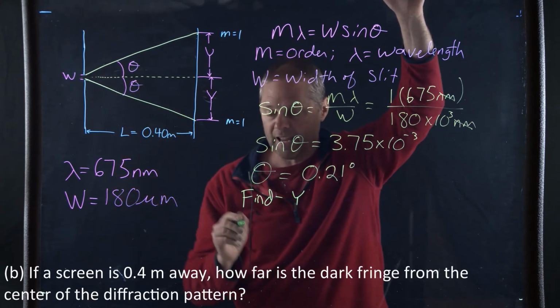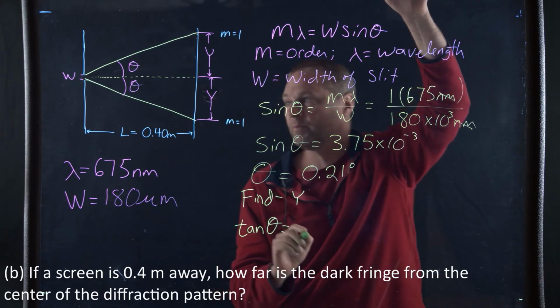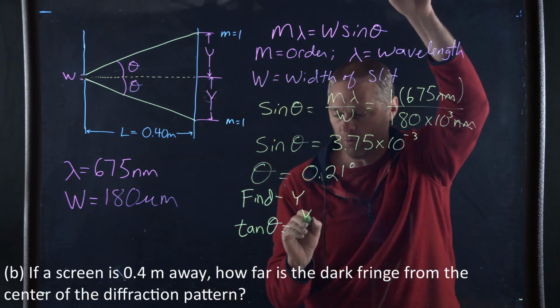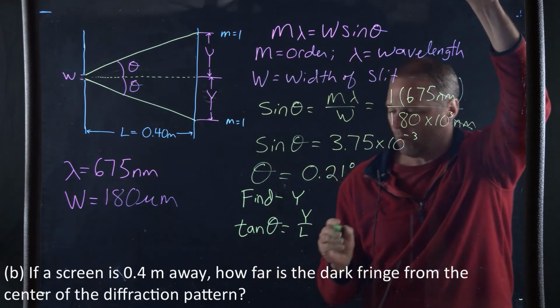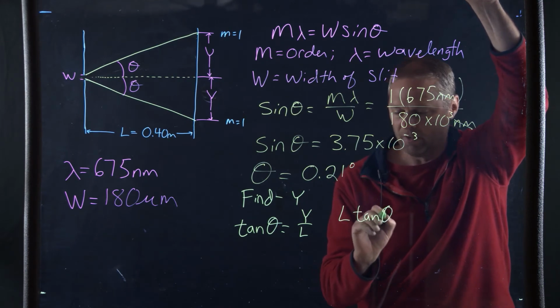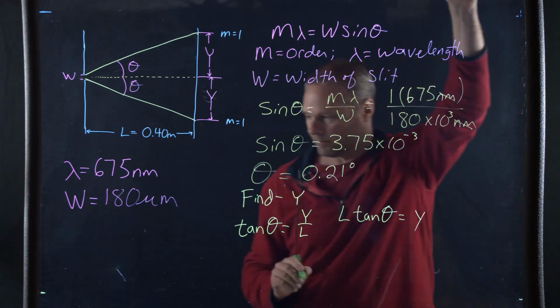use, for instance, tangent. So the tangent of theta is going to be opposite over adjacent, which will be y divided by L, all right? Or we can say that L tangent of theta is equal to y.